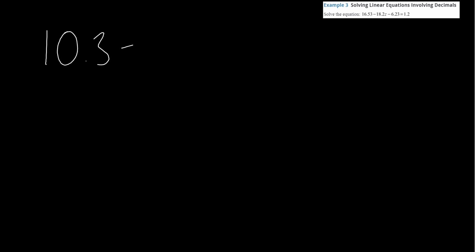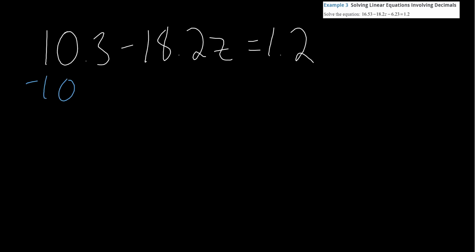minus 18.2z, and that's equal to 1.2. Okay, and again, all we have to do is begin by isolating the z and get things done. So we're going to subtract 10.3 from both sides. Nice. 10.3, that's gone, minus 10.3.